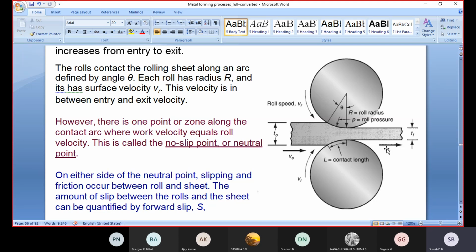Like that, improper surface finish is produced at higher speed. In lower speed, we can maintain good surface finish throughout the length of the sheet or component. Like that, the speed of the rollers, the radius of the rollers and the pressure are also very important.